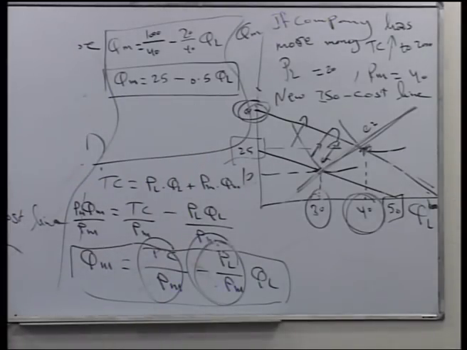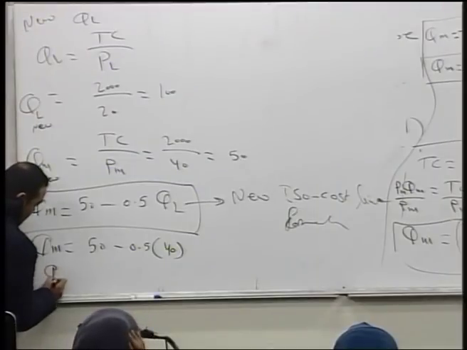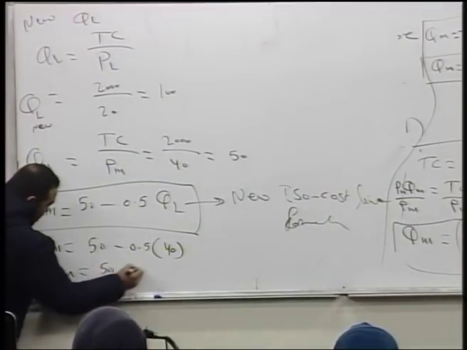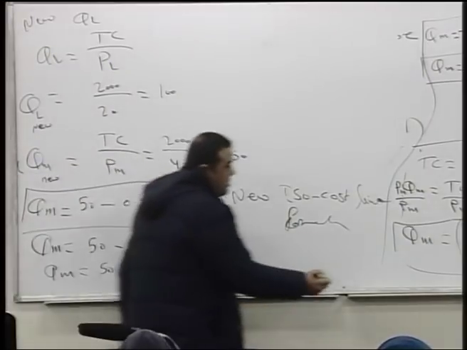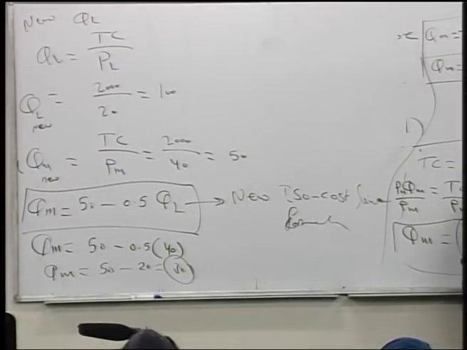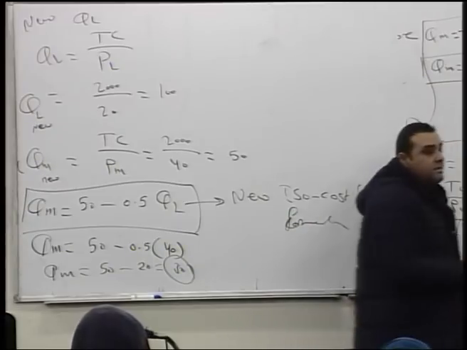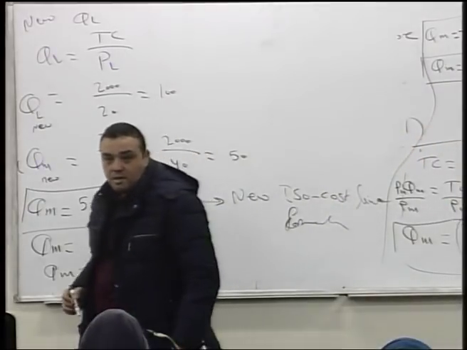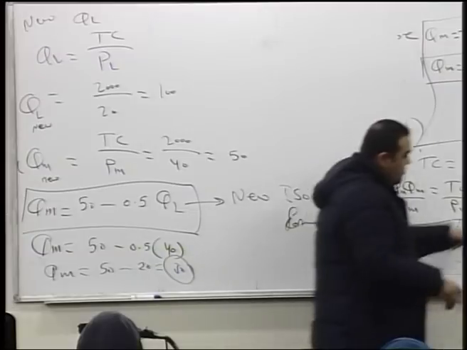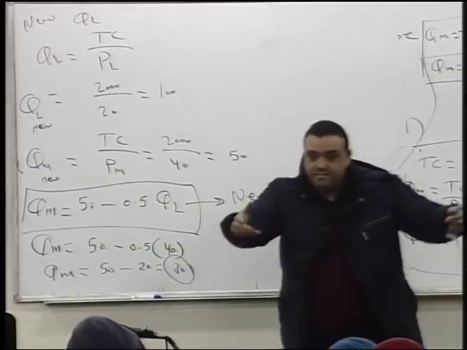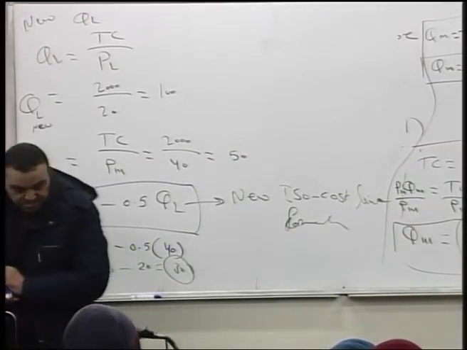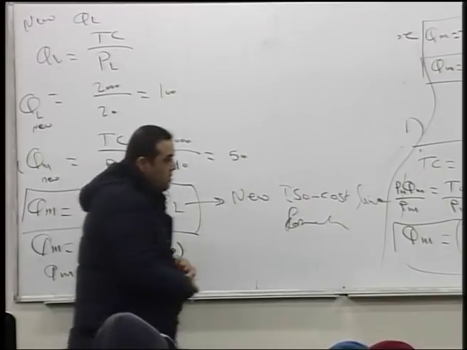QM equals 50 minus 20 equals 30 machines. So here we should have 30 machines. If we connect these points, E1 to E2, this is the expansion path. It means we made money and expanded in the business. Okay?